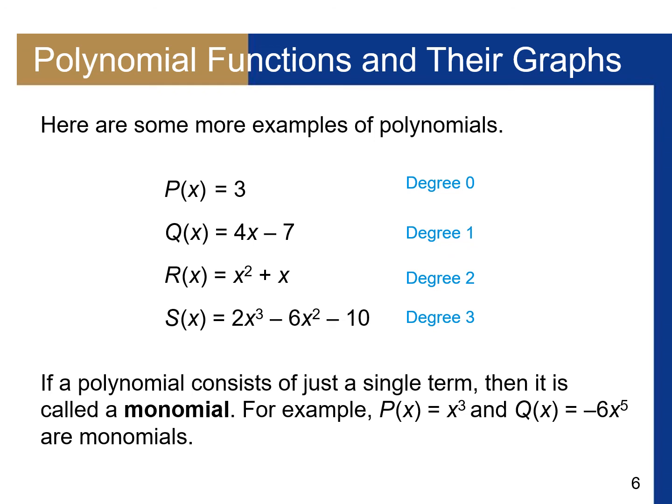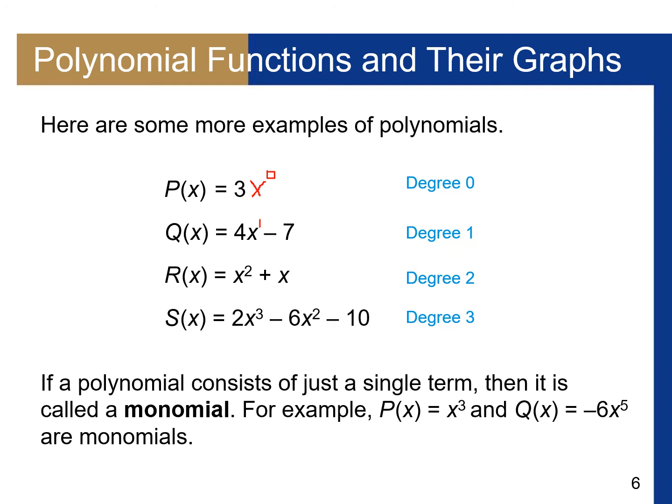So some examples of polynomials: if you have a constant, it's a degree of 0 because you could actually justify putting an x to the 0 power here, because x to the 0 power is 1. So you could say it's there and that would give it a degree of 0. And we have a degree of 1 here because it's a linear function, with 1 as our highest exponent, then degree 2, and degree 3.